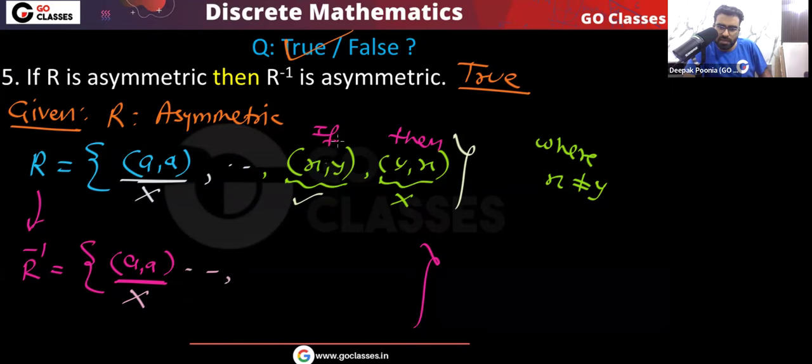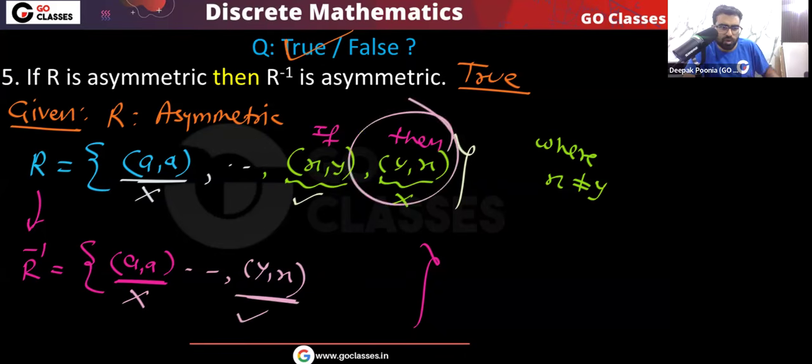You can see, if xy belongs to R, then yx does not belong to R. So in R inverse, what will happen? If xy belongs to R, then yx will belong to R inverse. And if yx does not belong to R, then xy does not belong to R inverse.